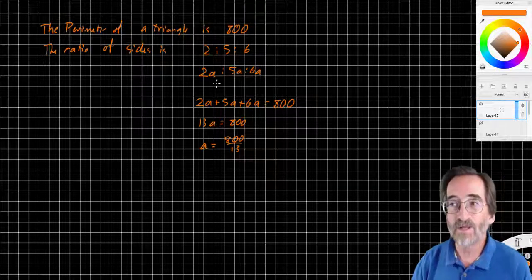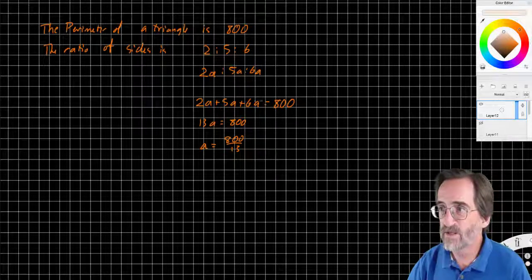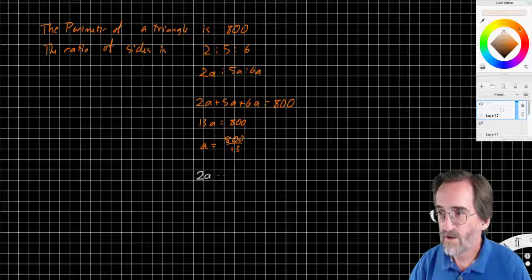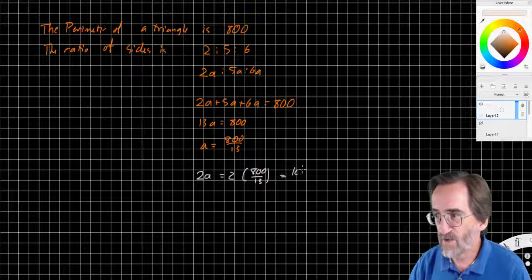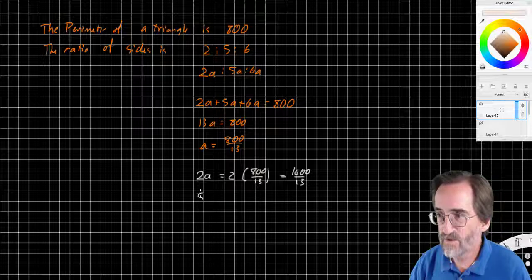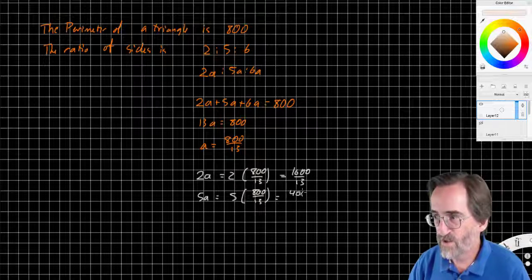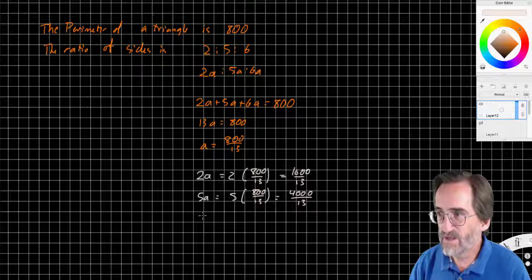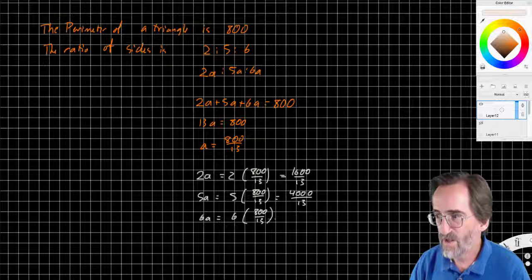That tells me what a is, and then to find each of the sides, you plug that back in. 2a is 2 times 800/13, which is 1600/13. 5a is 5 times 800/13, which is 4000/13. And 6a is 6 times 800/13, 6 times 8 is 48, so 4800/13.